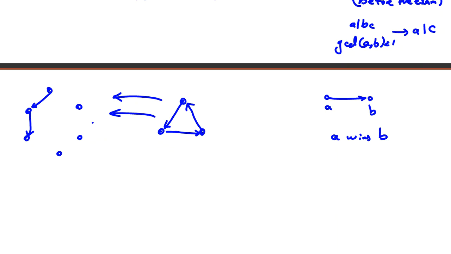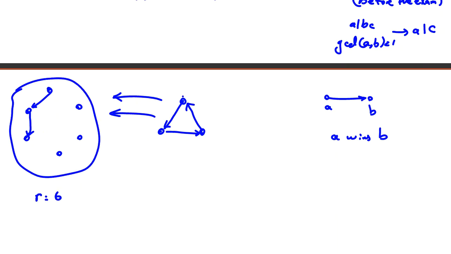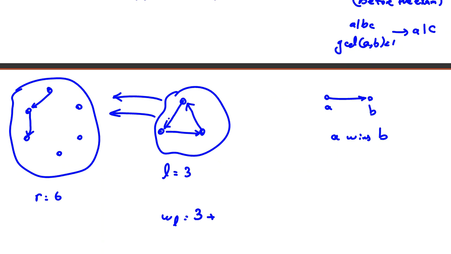Right-handed equals 6, left-handed equals 3. WL equals 3 edges here, plus 3 times 6, which is 18, so 21. WR is 6 choose 2, because each game here has one winner, which is 15.